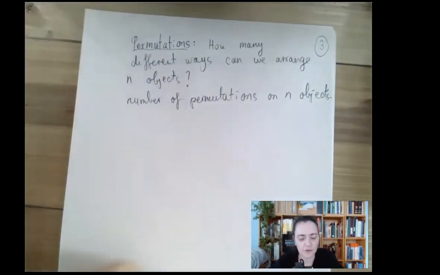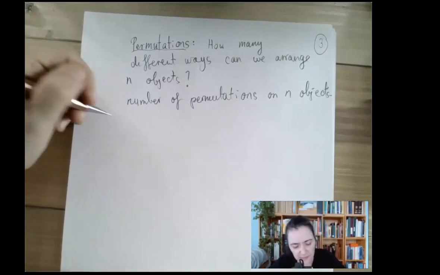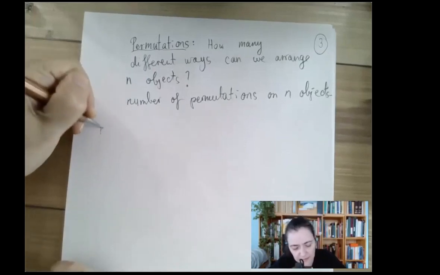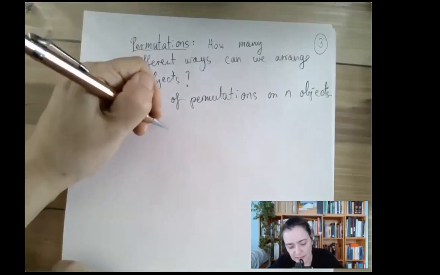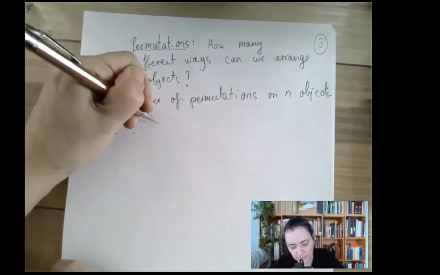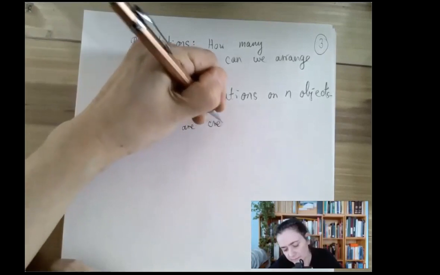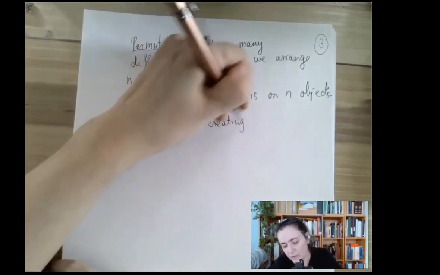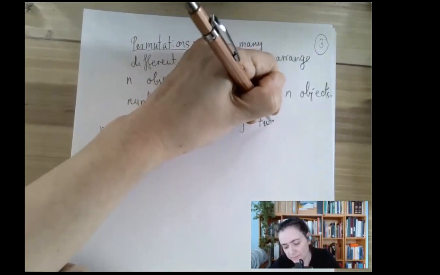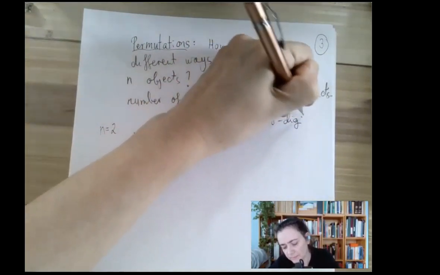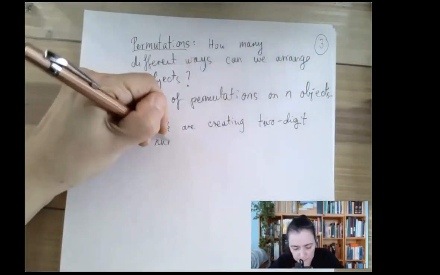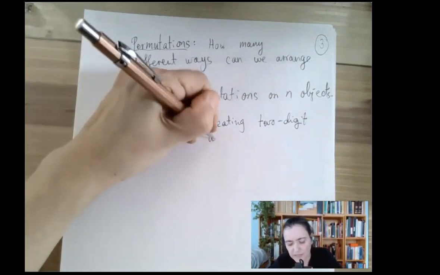All right. So let's start with something simple. N equals 2. So let's say we are creating 2-digit numbers using 1 and 2.